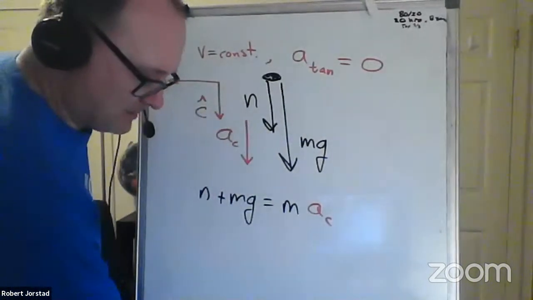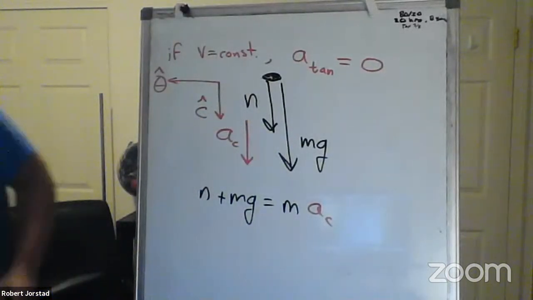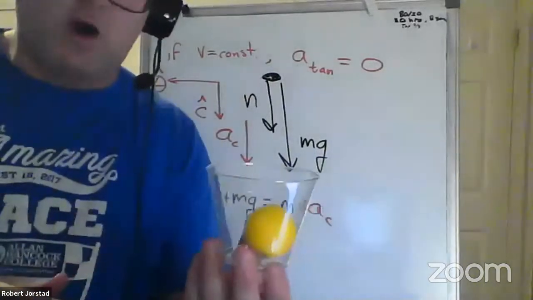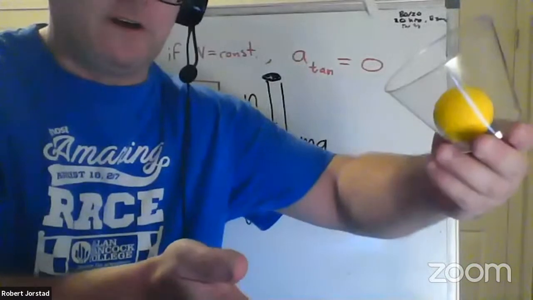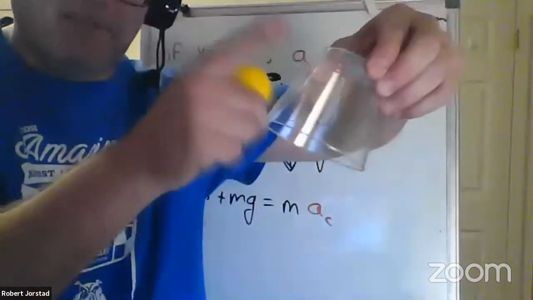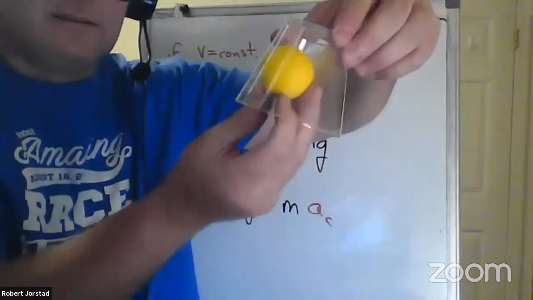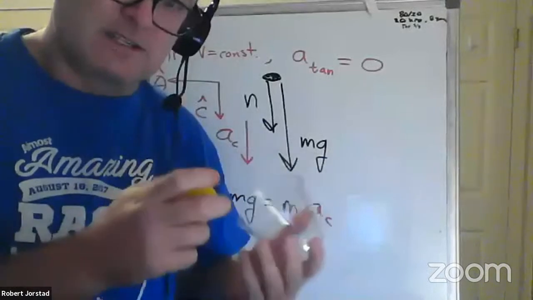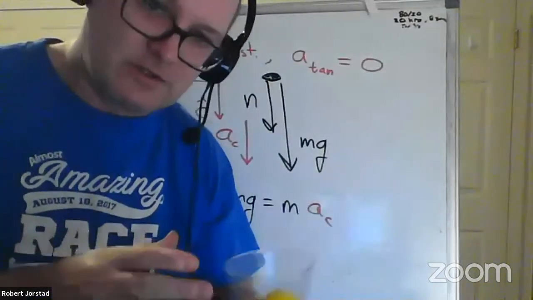Now let me ask you something. As this cup or this water or whatever is spinning, what happens to the normal force when the ball falls out? What's the normal force from the cup on the ball right now? Nothing. So now think. This is the special condition that we are going to use all the time for something losing contact.